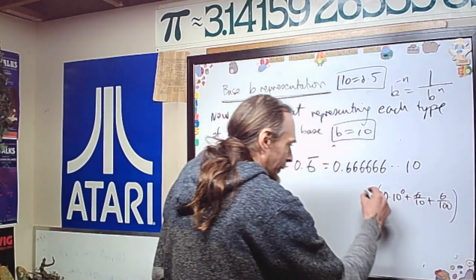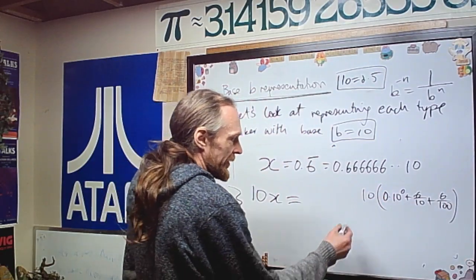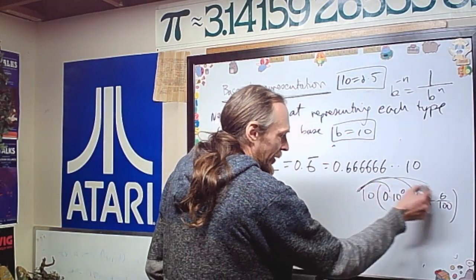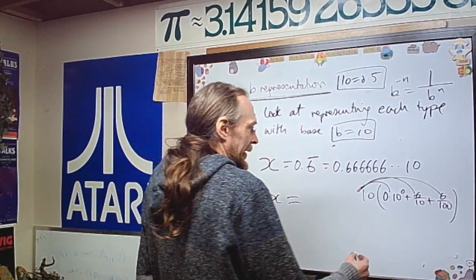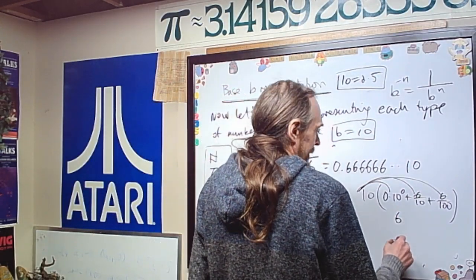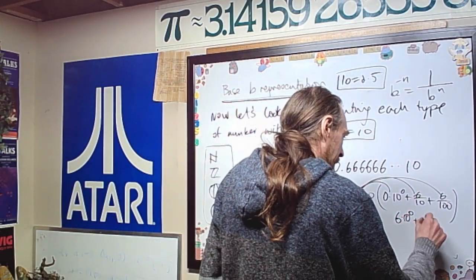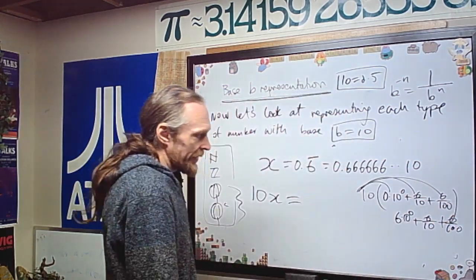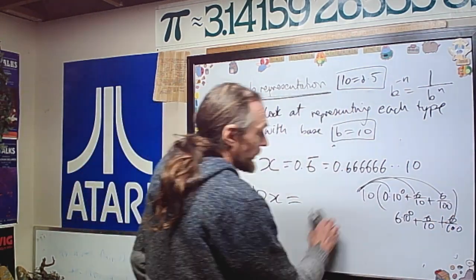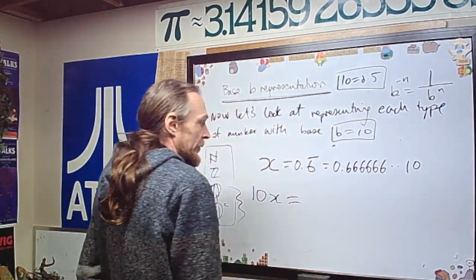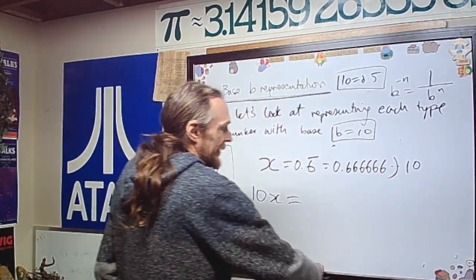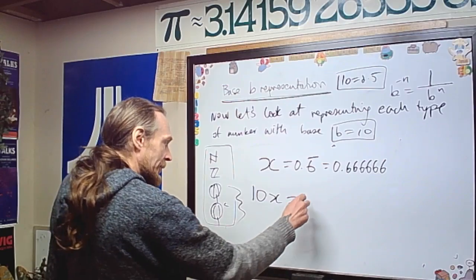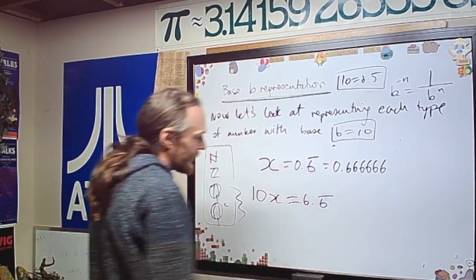And then I'm going to multiply it by 10. So what is it going to do? It's going to put a 10 into each spot. So then it's going to move it to 6 times 10 to the 0 plus 6 over 10 plus 6 over 100. And so what did it do? It moved the decimal point one place in that infinite expansion. So when I multiply by 10 on this side, it's going to move the decimal spot, which will give me 6.6 repeating.